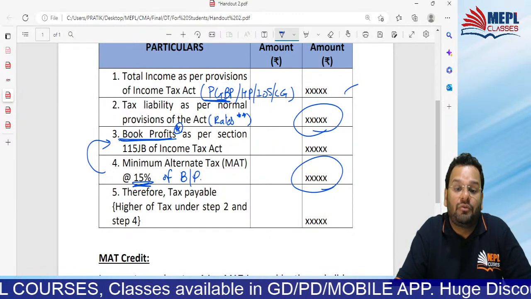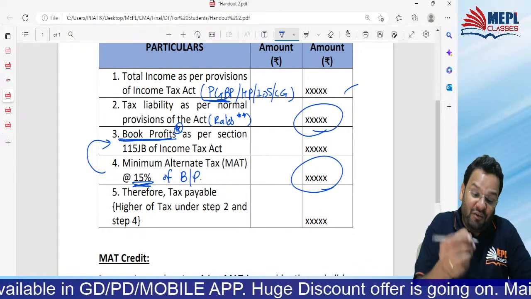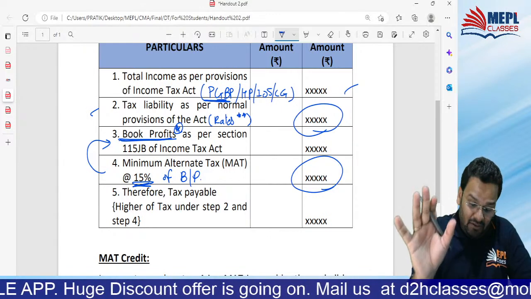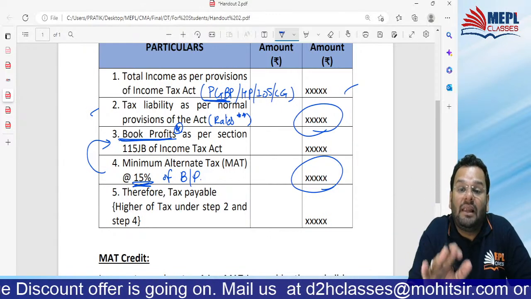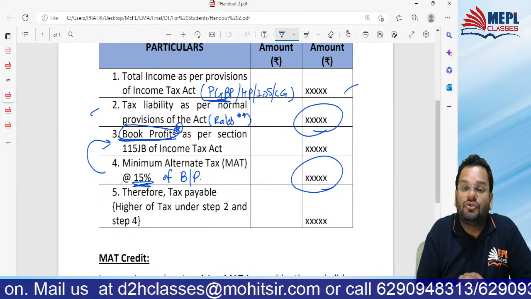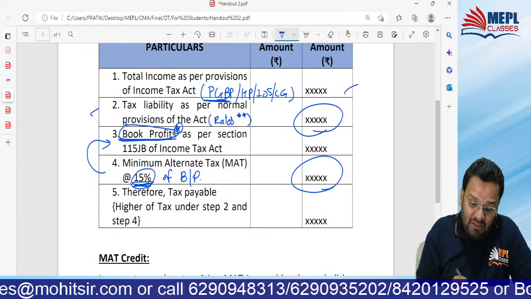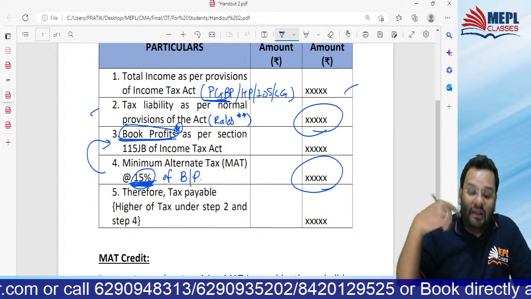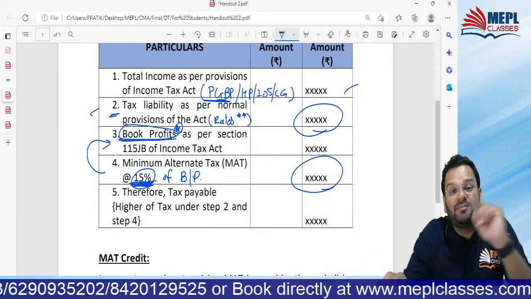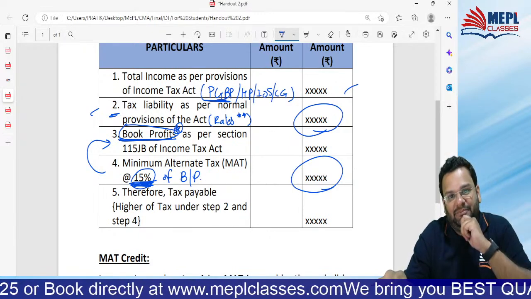So the government said nothing doing. Whatever your total income is, it's okay, you calculate liability on that, but also calculate liability on your profit as per books of accounts at 15%, and pay us this 15% if it is higher than normal tax. In short, if normal tax is higher, you will pay normal tax.